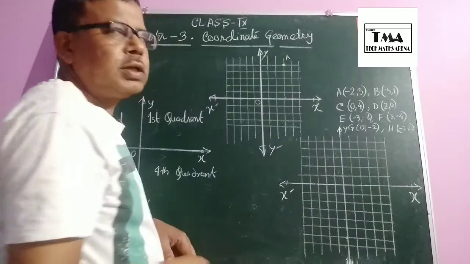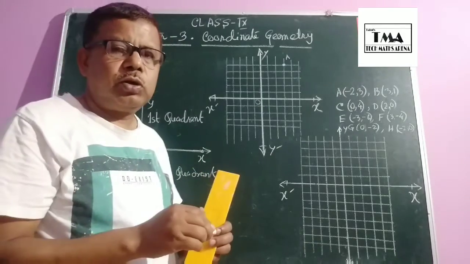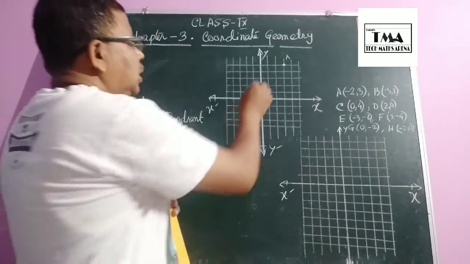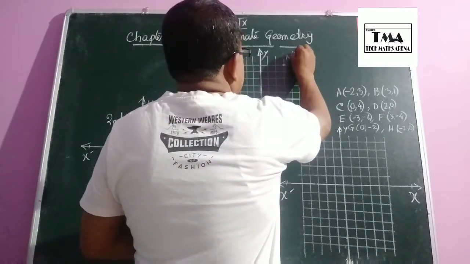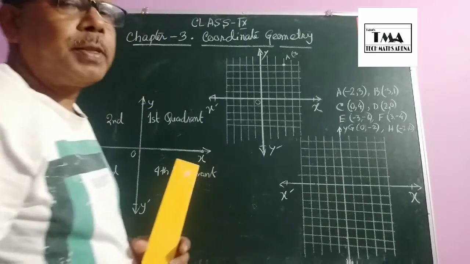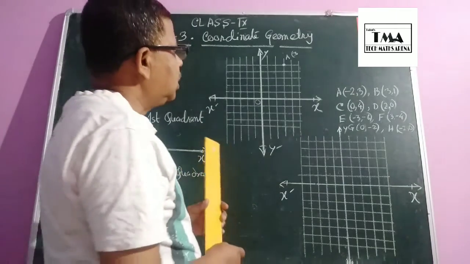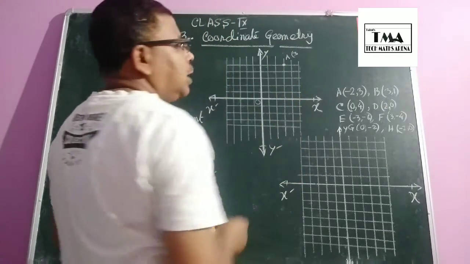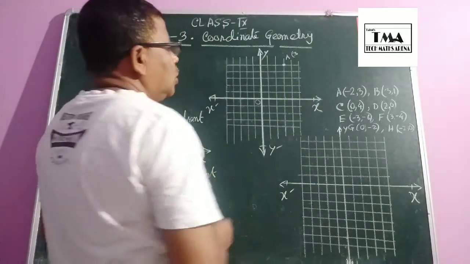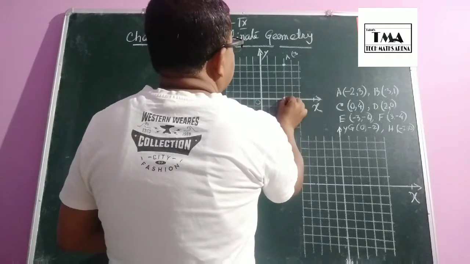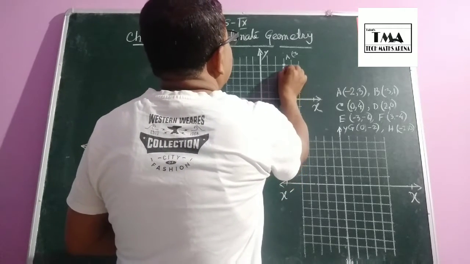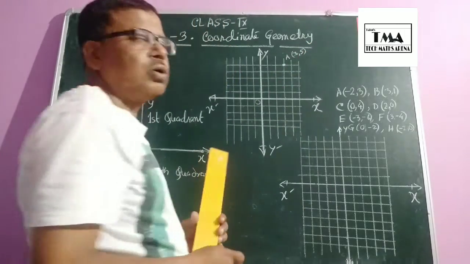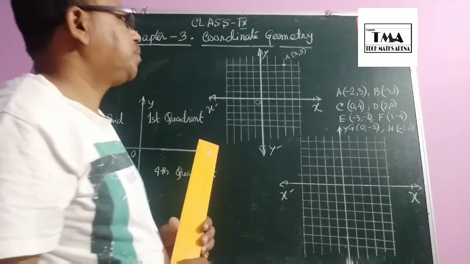So we say that the x coordinate, which is also called the abscissa, is 3. And now the distance from the x-axis to this point A is 1, 2, 3, 4, 5. So this is called the y coordinate or ordinate.